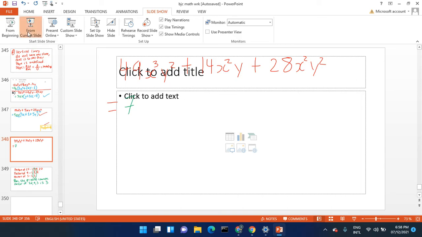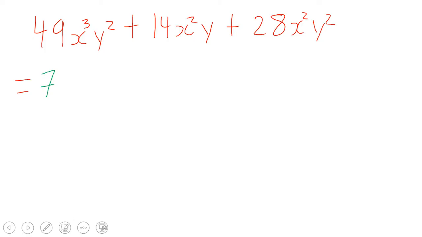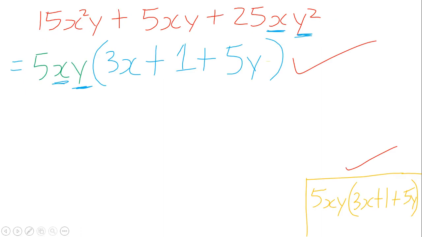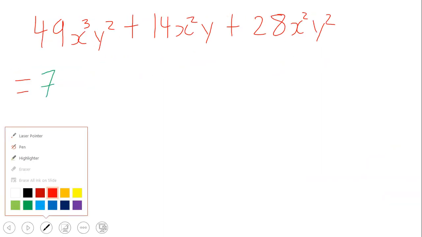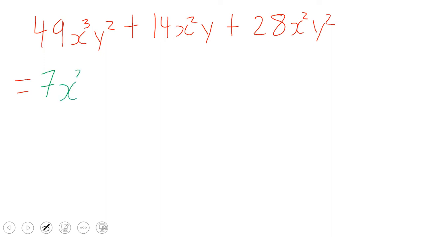All right, good. So, Nancy, we're trying to factorize this expression. So far, we know that 7 is the common factor. What else do we have as common factors? X and Y. X squared and Y. You say x squared and y?